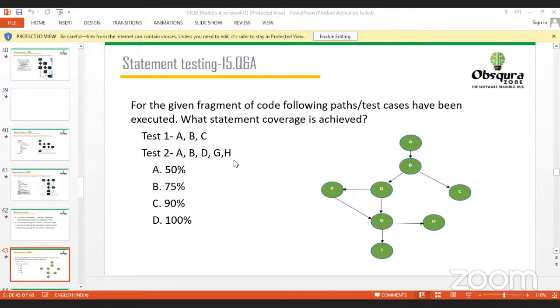So totally 6 nodes. So 6 divided by 8 will be 75%. Is it clear?